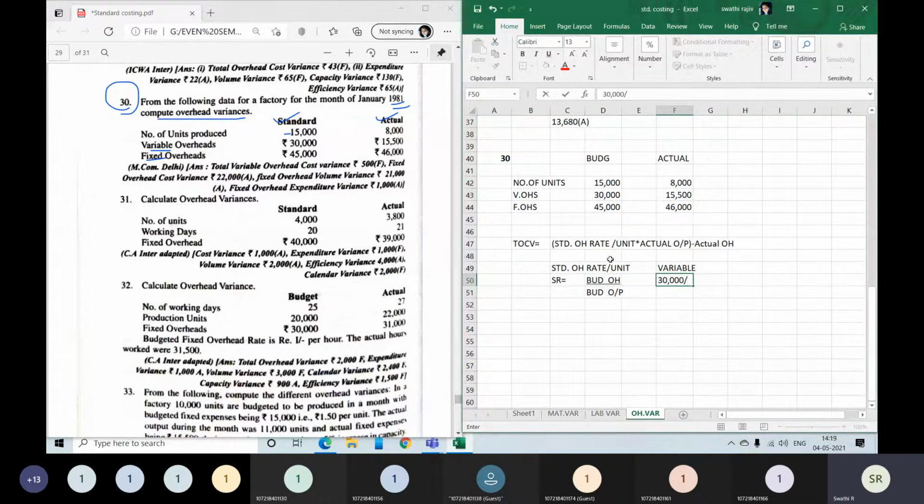What is your budgeted number of units? It will be the same for both. You can see the number of units budgeted is 15,000. It will be the same for variable or fixed, because together you are producing this much. So budgeted output will be the same.